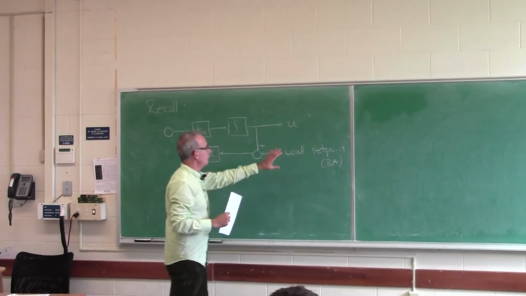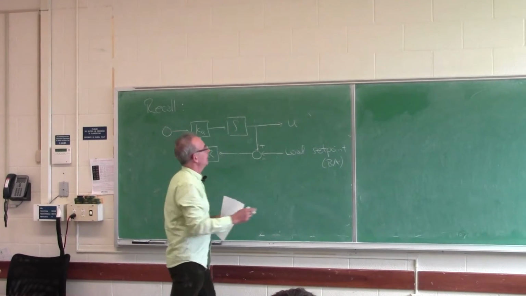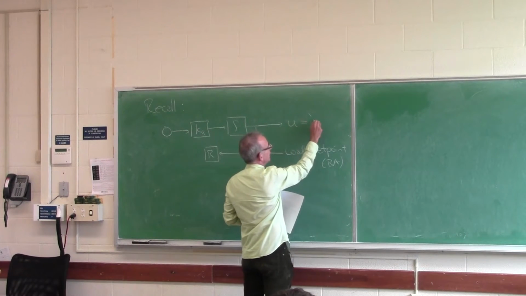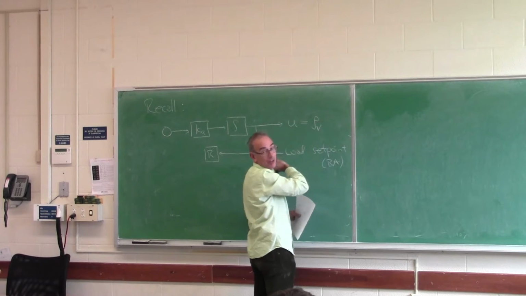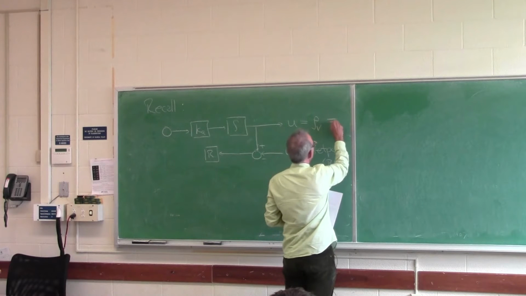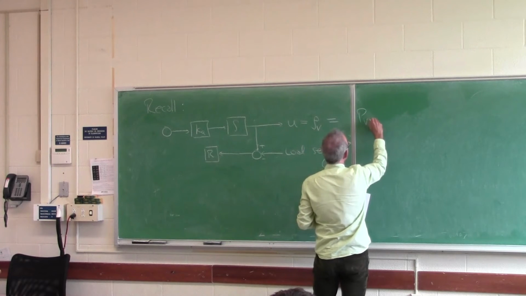Okay, so the balancing authority sends this load set point, and U is, the notation I've been using is rho sub V for the valve position. And in the book it's called P sub valve.